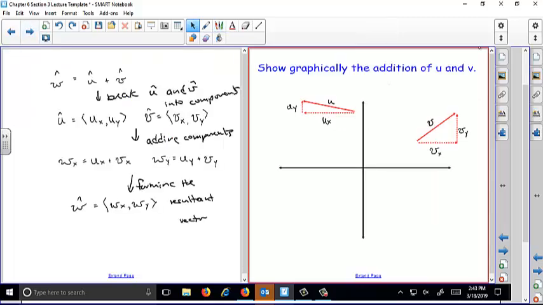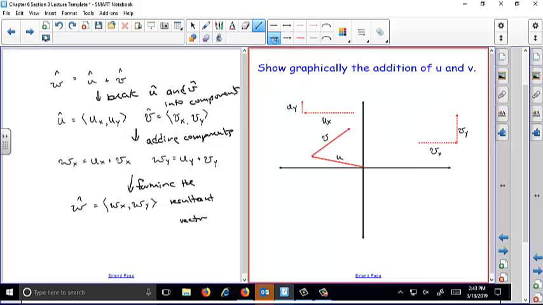So let's show how this works, how you do this graphically. Let's say we take the vector u, add it to the vector v, and we end up with a resultant vector right like that. That's my resultant vector. Okay, now let's move these out of the way.